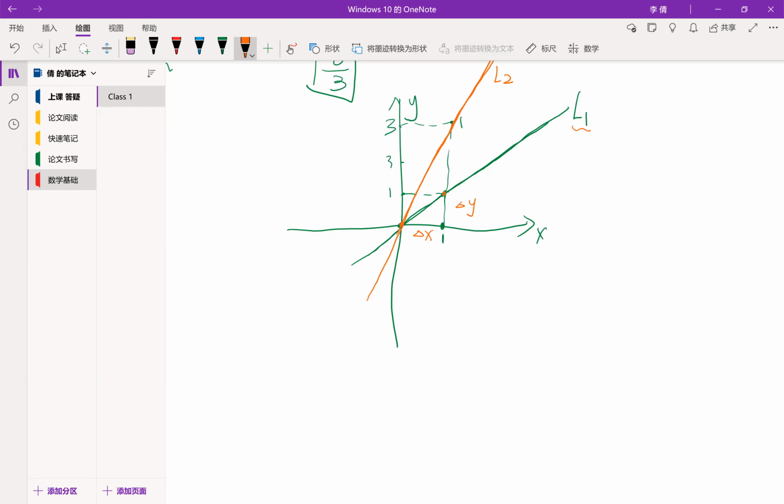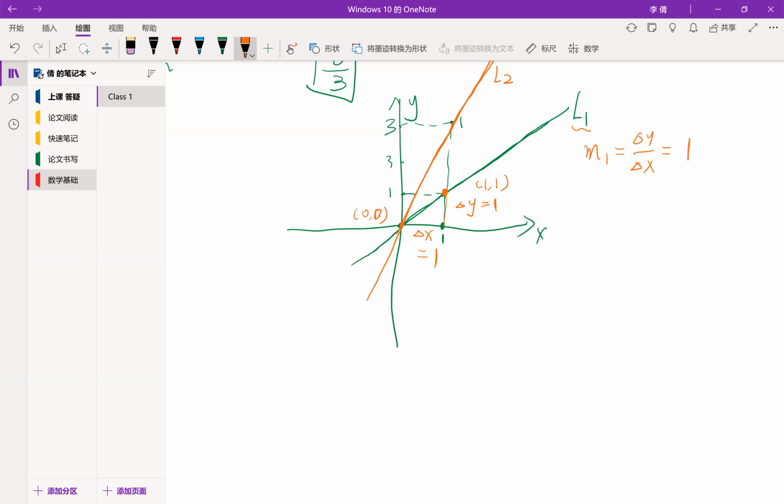Let's say this point is 0, 0, and this point is 1, 1, right? So the rise between these 2 points, delta y, is 1, and delta x, the run between 2 points, is 1. So the slope m sub 1 is equal to delta y over delta x, which is equal to 1.